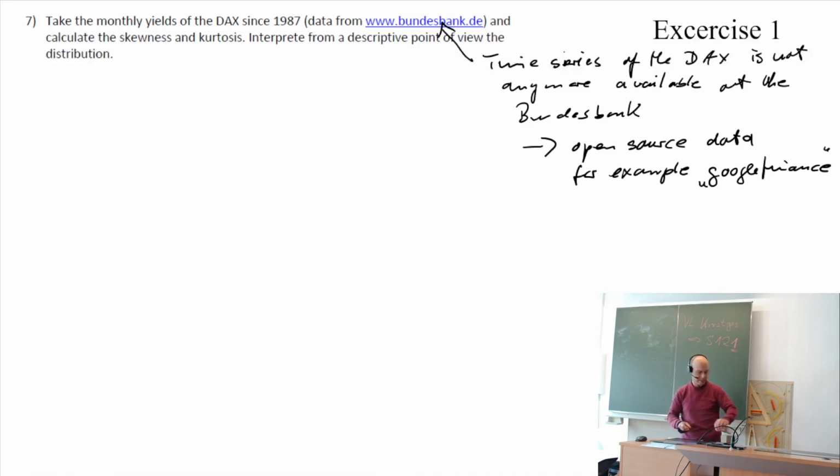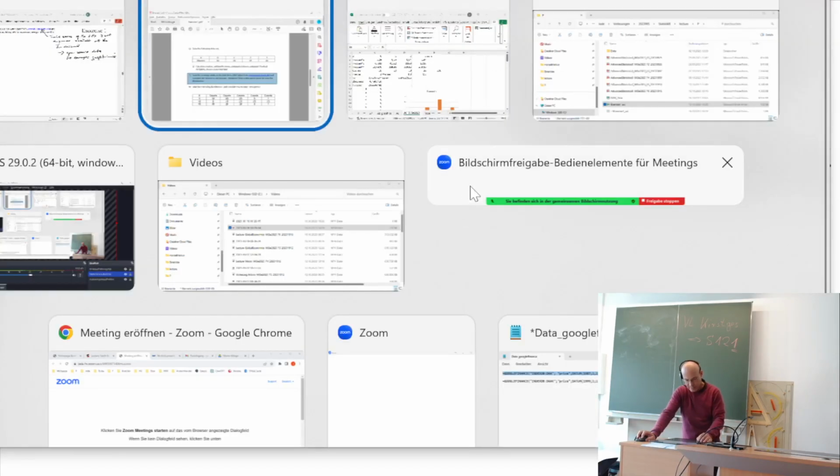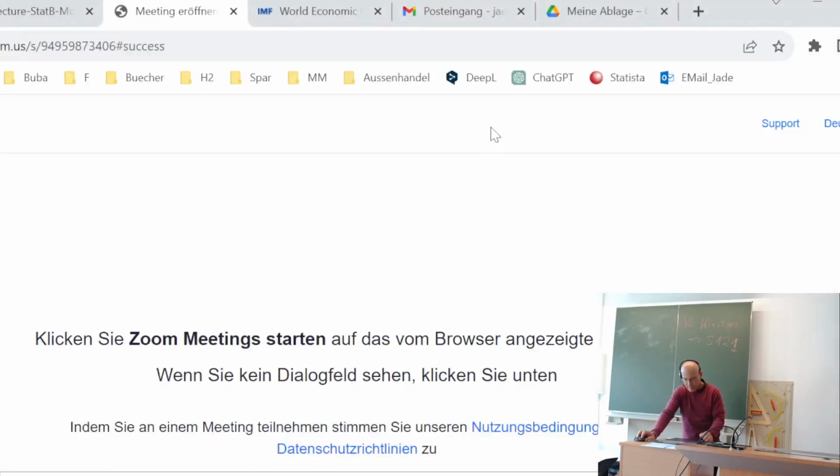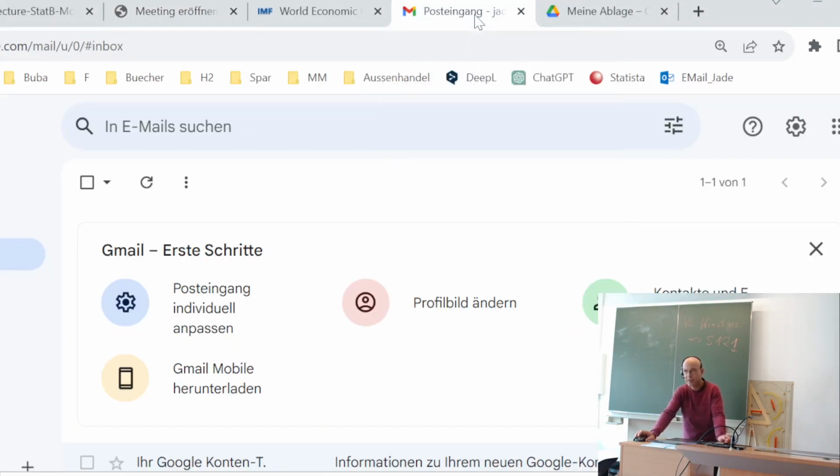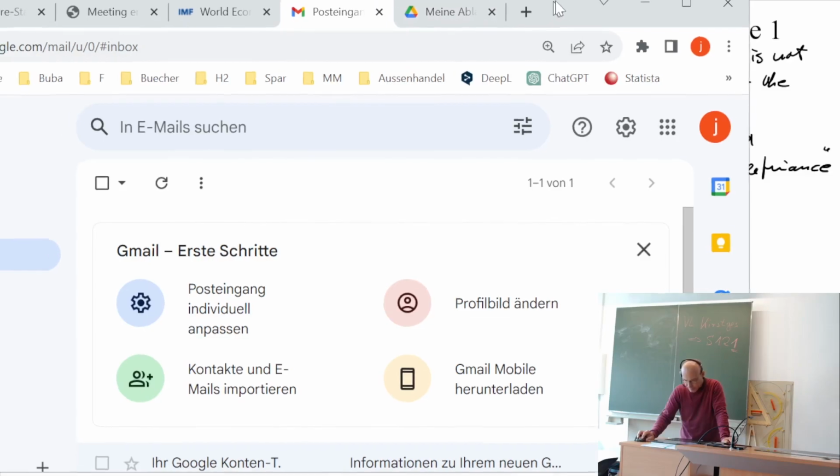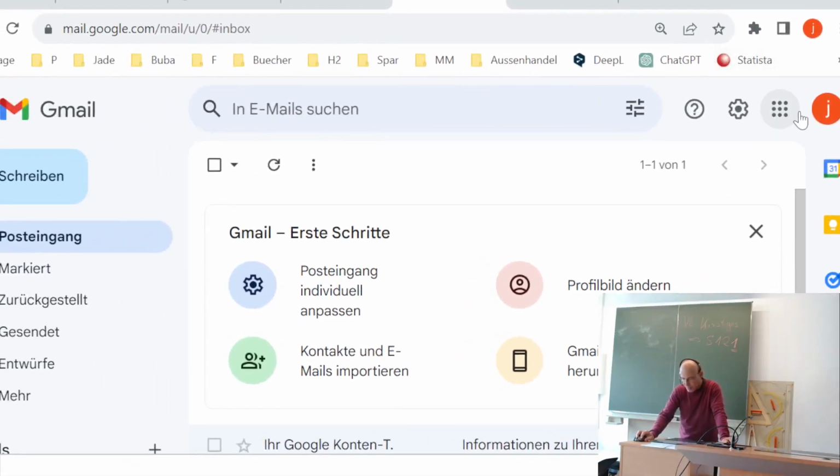So, and how to download it in a sophisticated way, this I also had to learn. So I will just show it to you, and maybe this is also helpful if you are interested in time series, then Google Finance is a good source. So at first, of course, you need an account. So I created some new account for me, and then maybe you already know this.